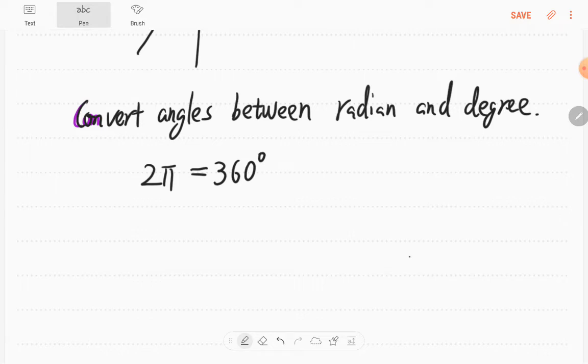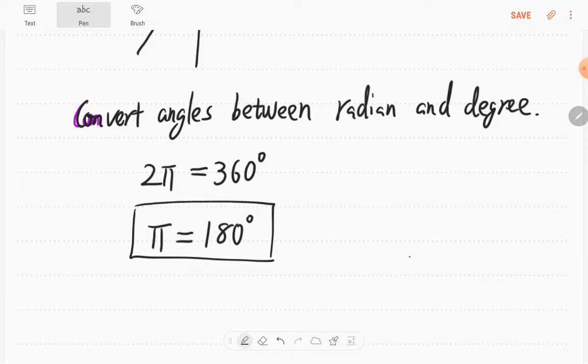If we divide by 2, we have pi equals 180 degrees. So this is the relation. If we divide by 180, 1 degree is equal to pi over 180, right?